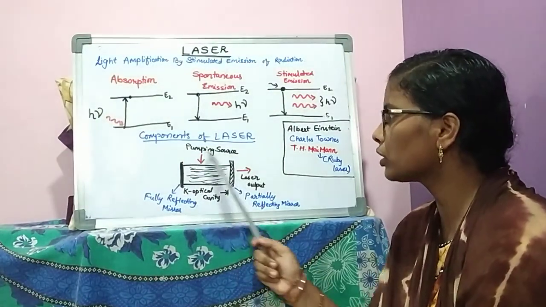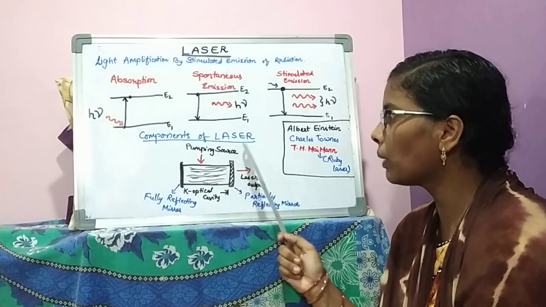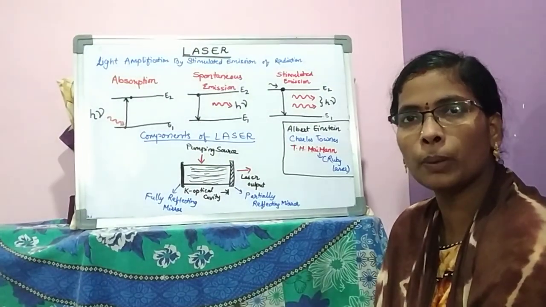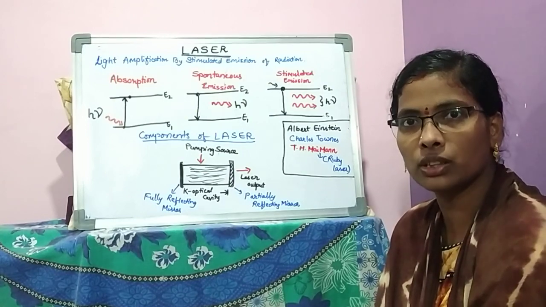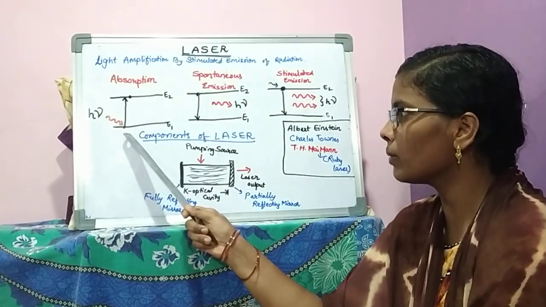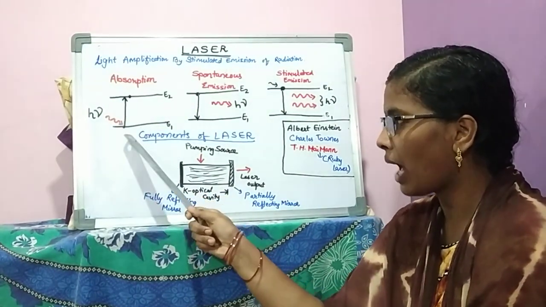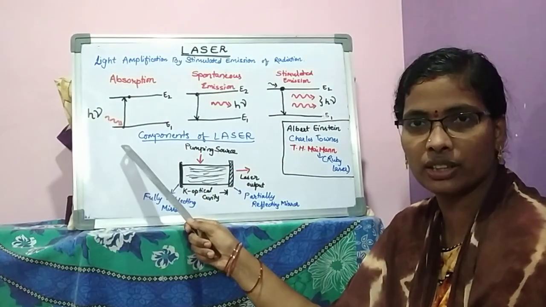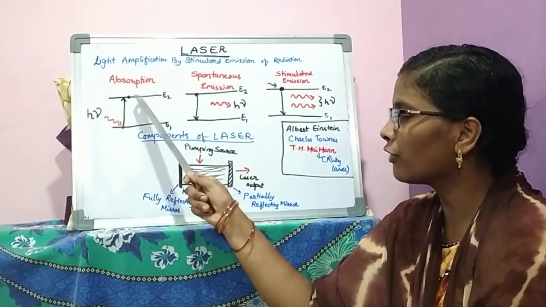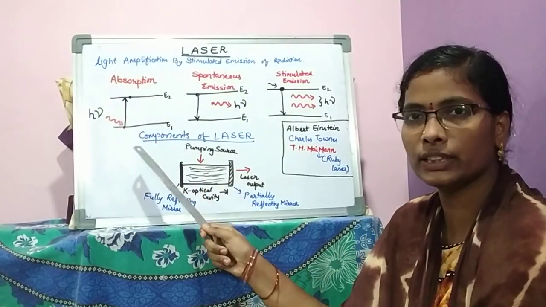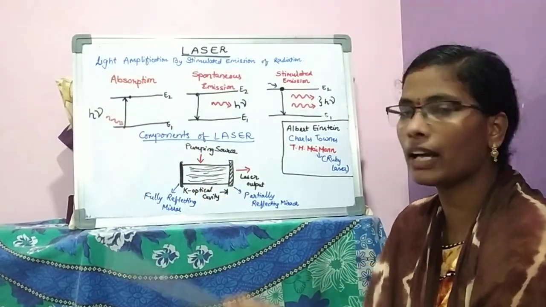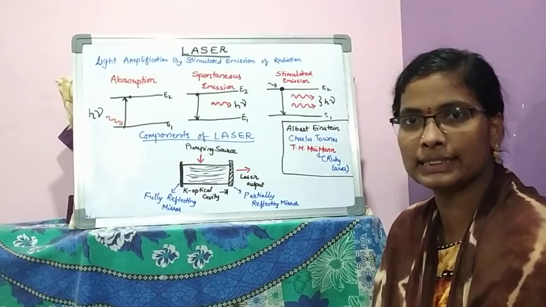This pumping source is used to achieve population inversion. Now, what is population inversion? In general, the number of atoms in the ground state is always more than in the excited state.